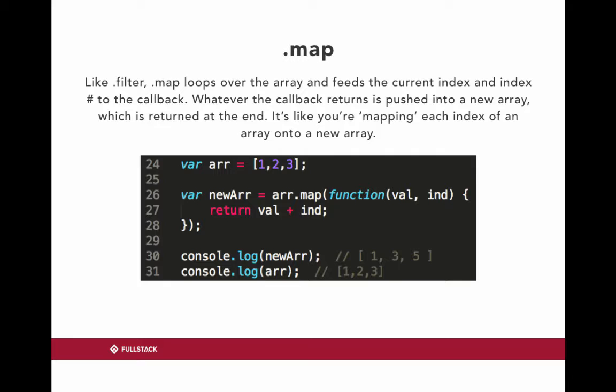You can use .map on the outer array, so long as you expect in your callback that val is also going to be an array. This would throw an error because you can't say array plus a number. But if you write your callback such that it expects value to be an array, that's completely fine. You can call these methods on an array of objects, numbers, strings, arrays, whatever, so long as your callback knows what it's getting.